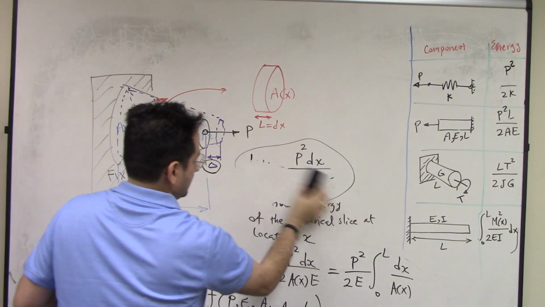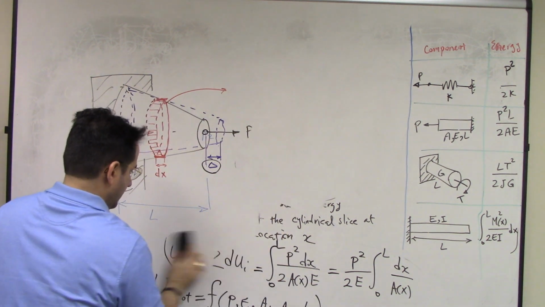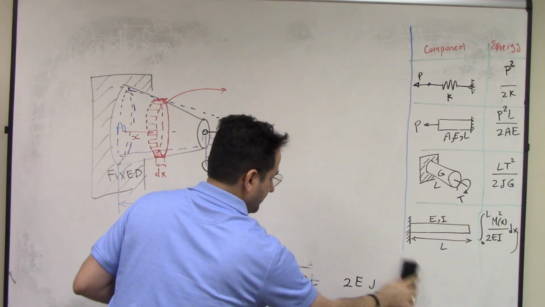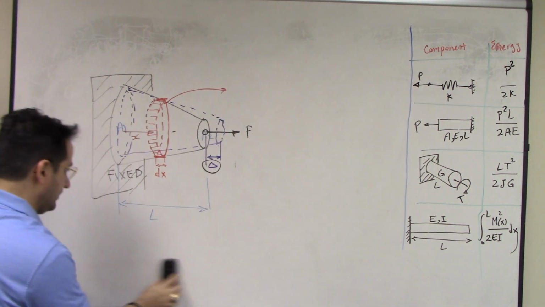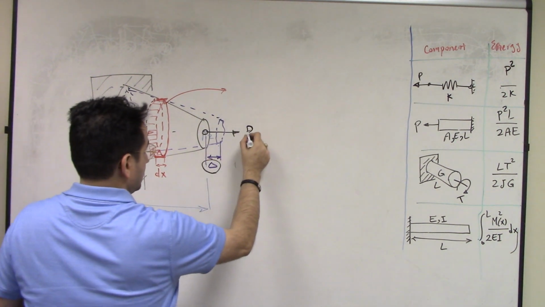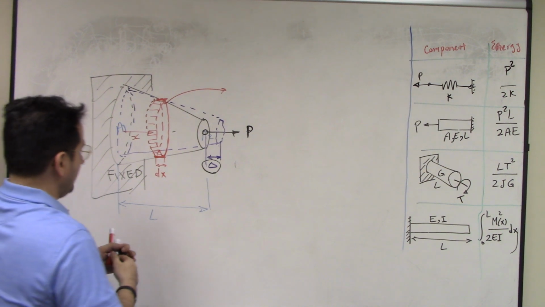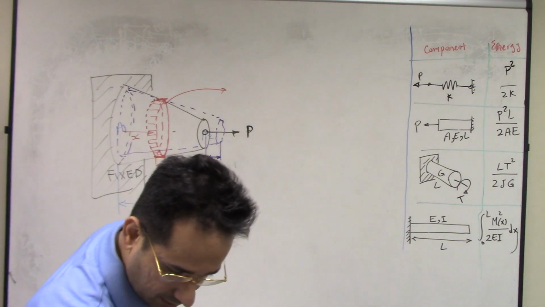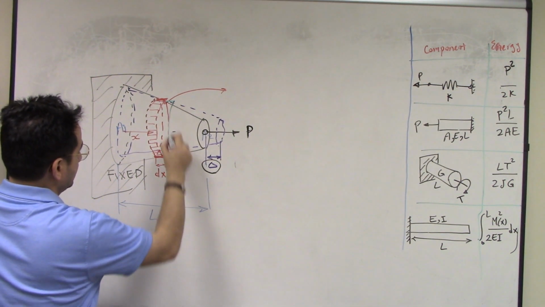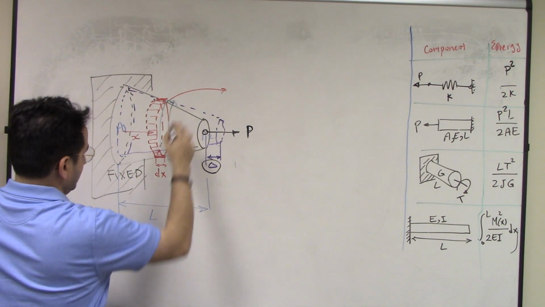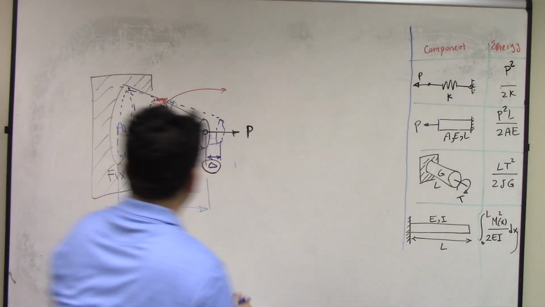Now, let's just consider another approach to get exactly the same result. So now let's say we divide this into small slices. So one we have here, one here, and then an infinite number of slices.